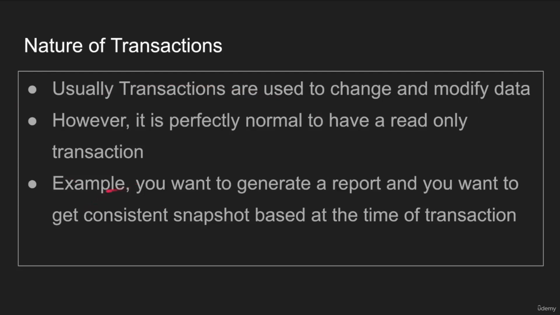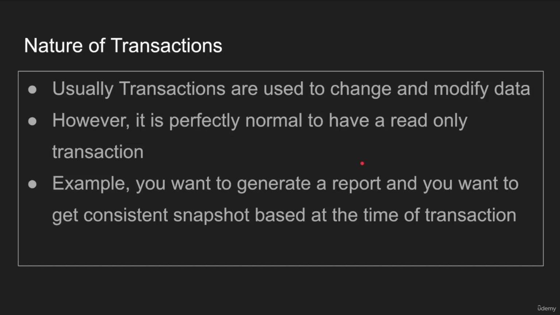Let's give an example. You want to generate a report and you want to get a consistent snapshot based on the time of the transaction. What the transaction gives you is not only the beauty of this group of things that I need to do as one unit of work, you can also get a snapshot as of the start of the transaction. I want anything that I read to be based on that initial time.